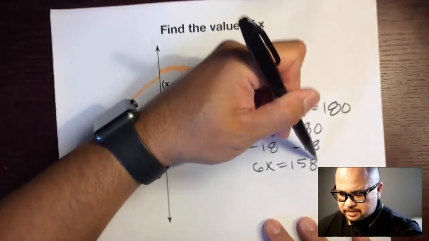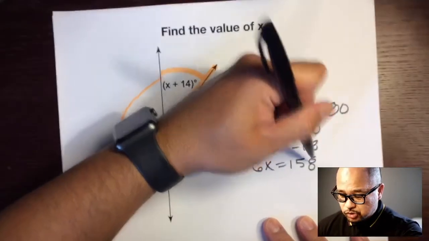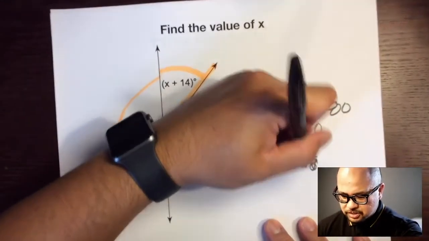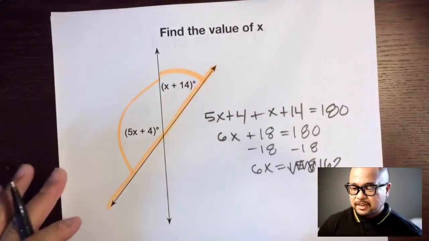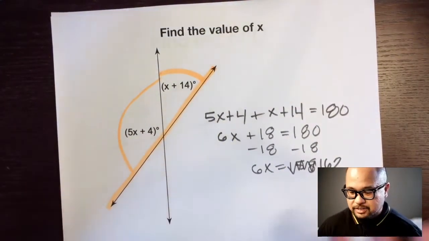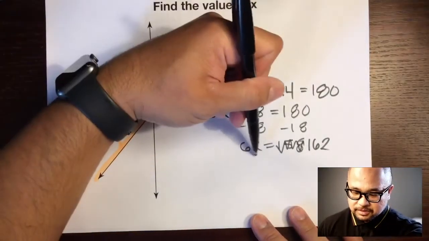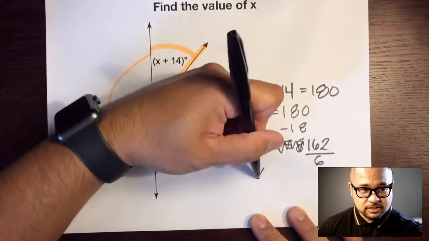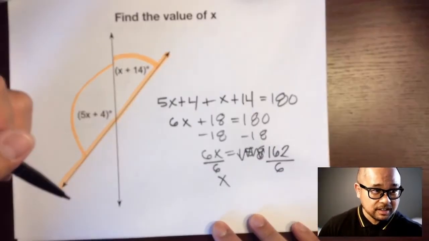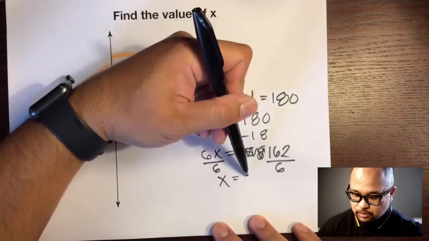That would be 162. Yeah, 162. That's what I get for trying to do things in my head. All right, so 162. And then next thing we'll do is divide 6 on both sides. And let's do some short division, not long division. How many times does 6 go into 16? Twice.